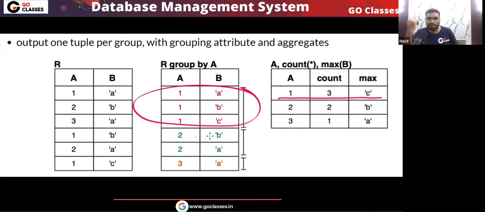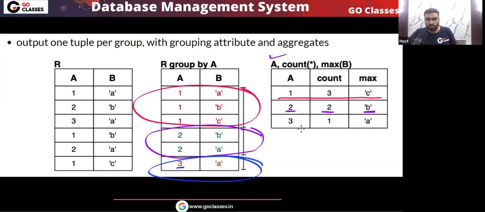Next, what about this group? One tuple will be created: A value is 2, count star is 2, and the maximum value is B. What about the next one?